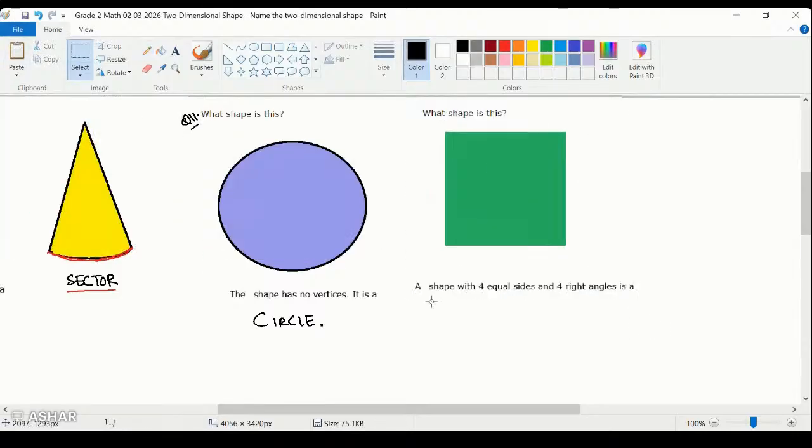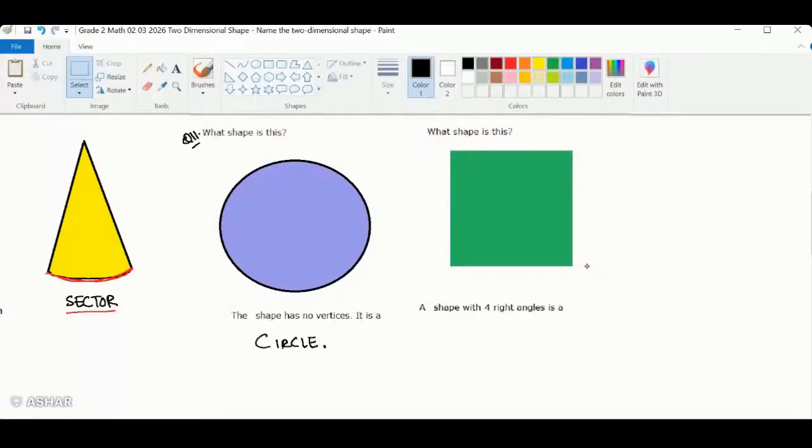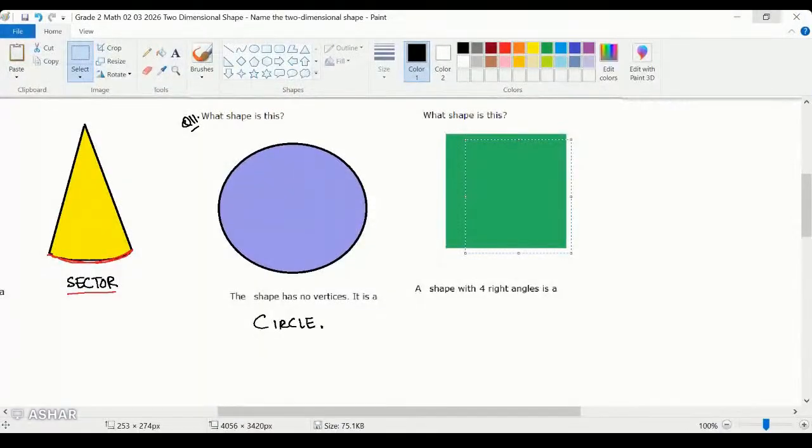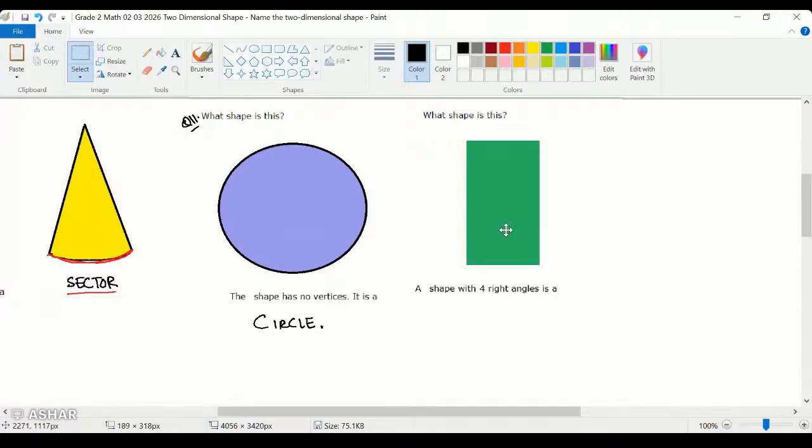A shape with four right angles. And what I'm trying to do is, okay, let's change the shape. And the shape given to us was this. We change it to this. Question number 12.